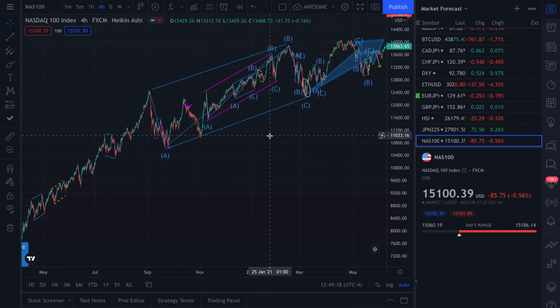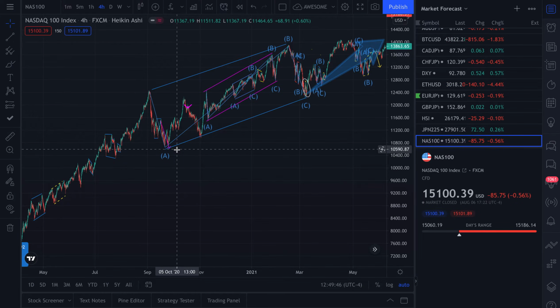Why is it running? You may ask. Well, remember, recall that a running flat has two trend lines that are both pointing towards the upside. You have this trend line here pointing towards the upside. It's clearly upward sloping, right? And you have this trend line here that is clearly upward sloping. Since they're both upward sloping, we can characterize this as a bullish running flat.